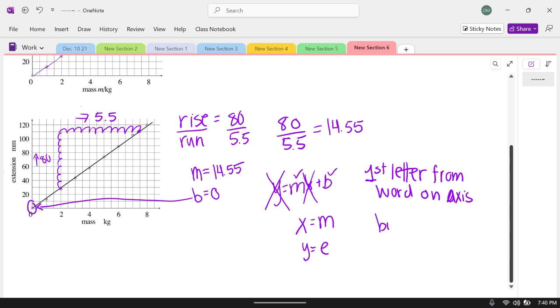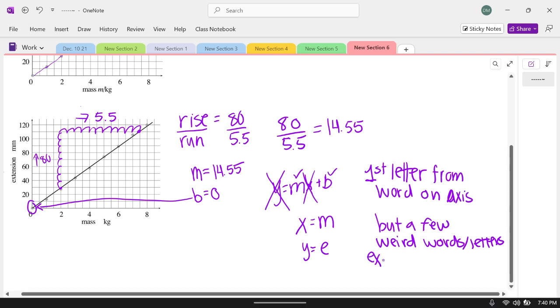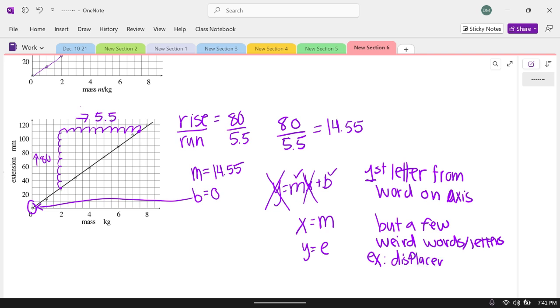But we do have a few weird ones. We're going to address these in class later, but for example, there is this word called displacement. And in the world of physics, d equals distance. Distance got lucky. It got to keep d as its letter.